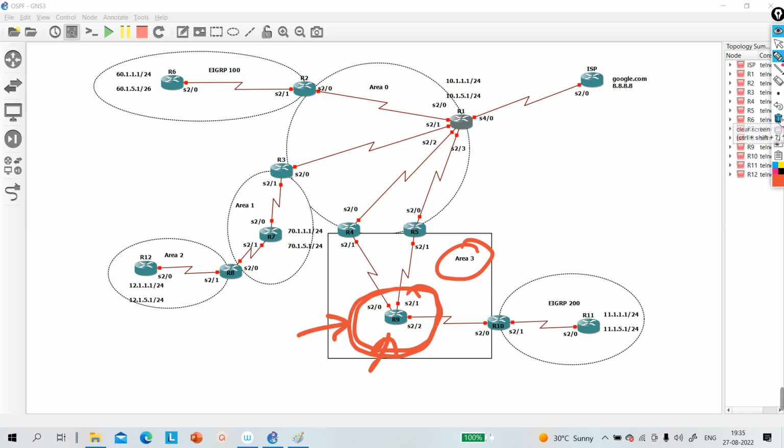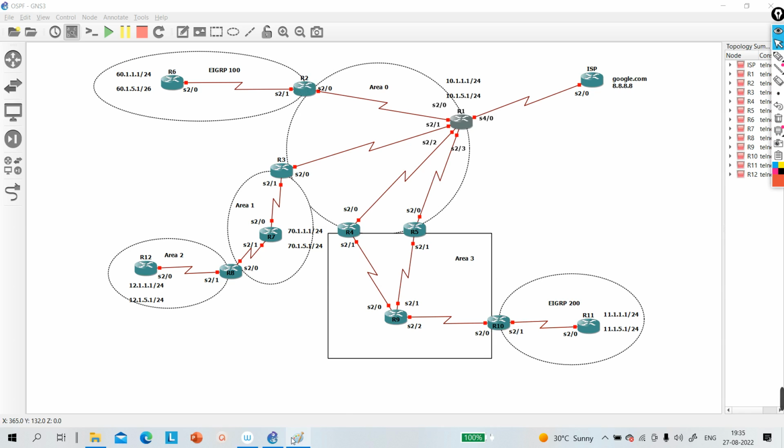Okay, so first of all let me discuss some theory, then I will come to this topology and configure OSPF. I have already configured OSPF in this network. I will perform redistribution on router 10 and router 2, so that router 2 and router 10 will generate LSA 5.